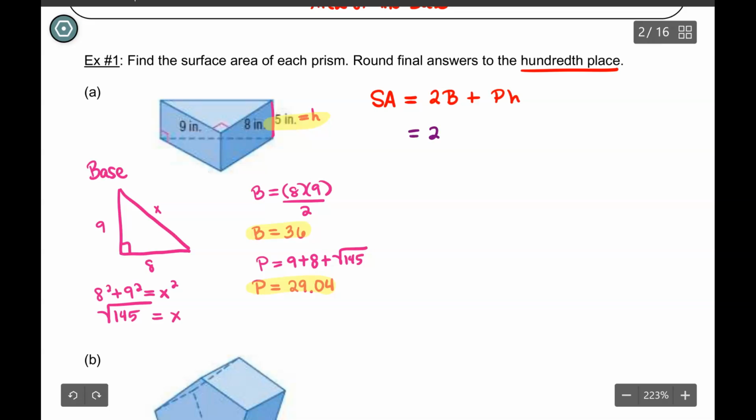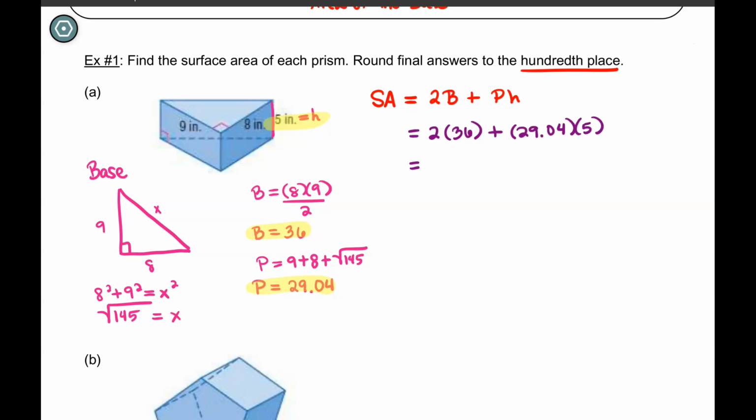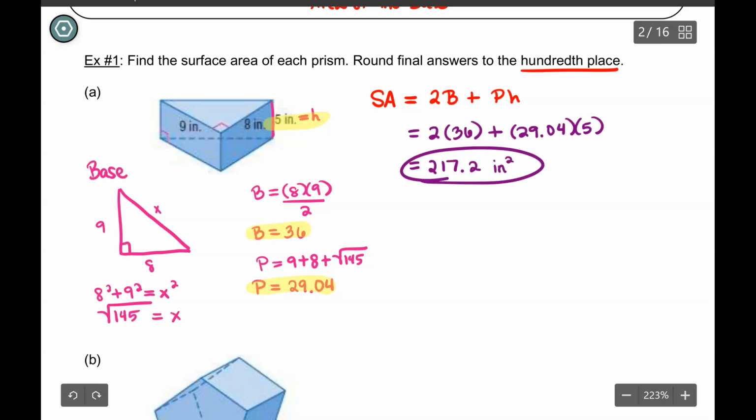So it'll be 2 times 36 plus the perimeter, which was 29.04, times the height. So we'll have 72 plus 29.04 times 5, which gives us 217.2. We're still working with area, so this is going to be square inches.